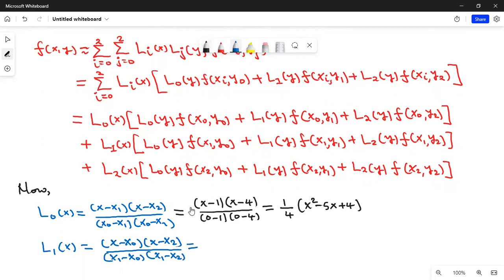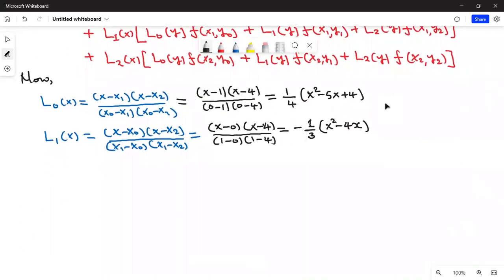So what will this be equal to? x minus 0, x minus 4, over, our x1 is 1, so 1 minus 0 times 1 minus 4. That should give you negative 1 over 3 times x squared minus 4x. That's what we get.